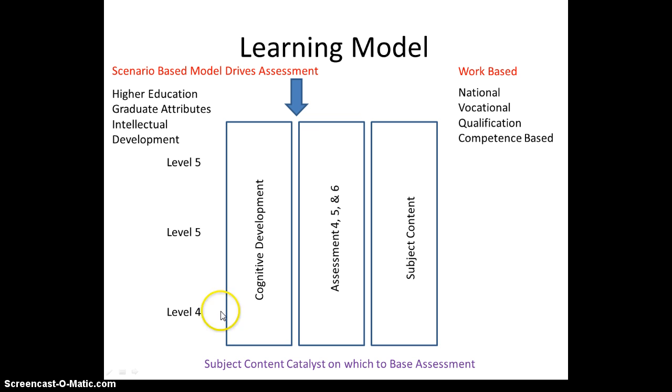So cognitive development works all the way through, and before someone says, I know it says 5 there, I made a mistake. Basically we have 2 pillars: cognitive development, the development of the intellect, and subject development, that's knowledge-based development. What I've also shown here is how we in HE differ from a work-based environment.